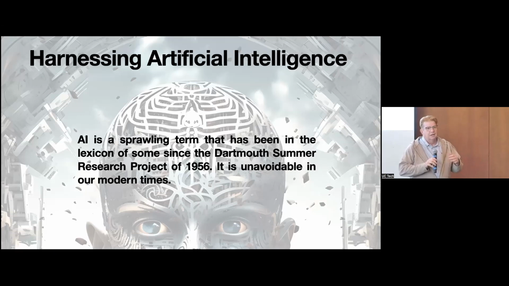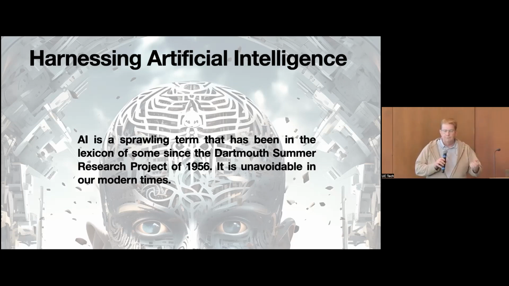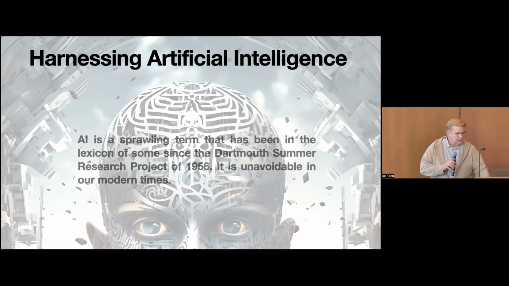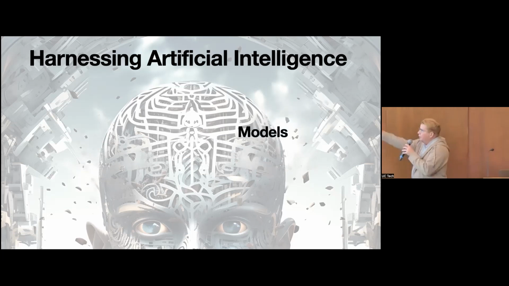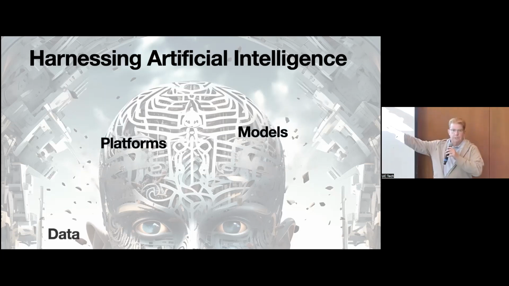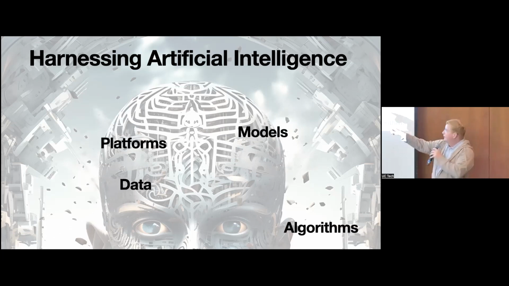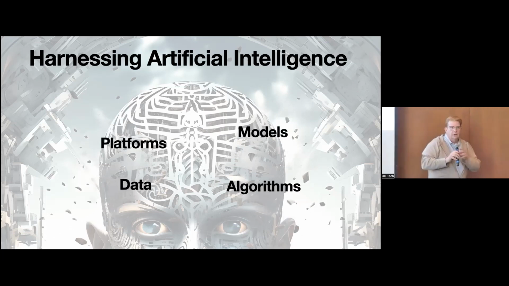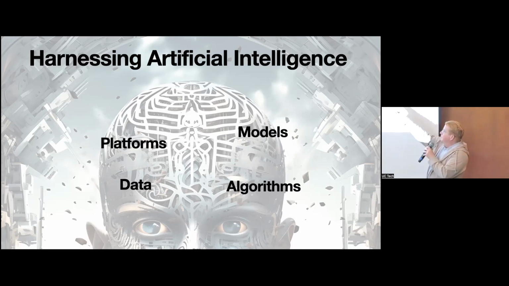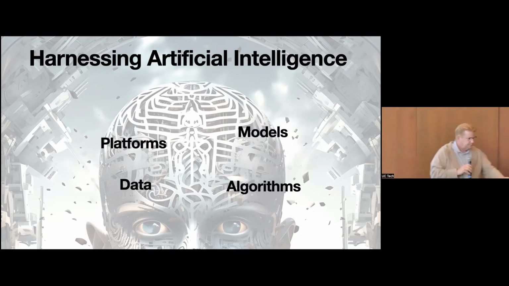You have all kinds of things talking about AI, but they all have these 4 basic ingredients that make them up: models, platforms, data, and algorithms. In some of these, the humanists are doing very well. They have great data. They're very good at data. But in other areas, platforms, models, and algorithms, they may be struggling.